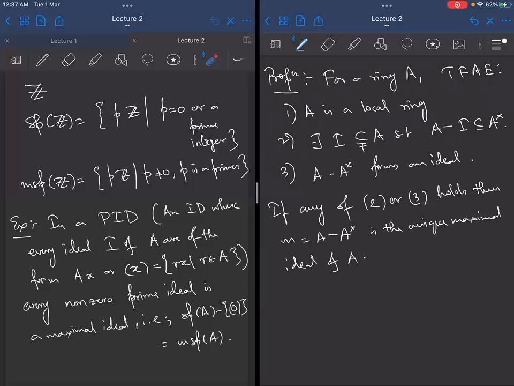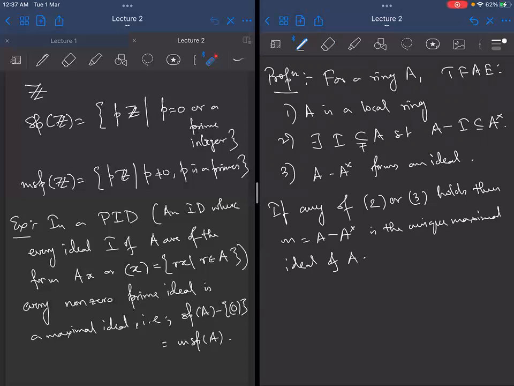So I am just giving the outline of the proof. If you take a local ring, suppose M is the maximal ideal, then by that observation, M is a proper ideal. For the second condition, M is the proper ideal I for which the complement contains all units.